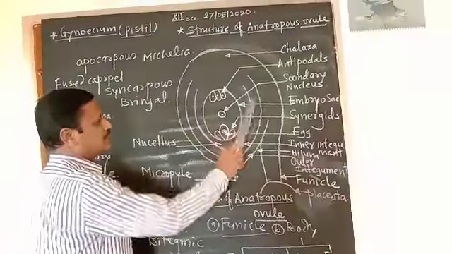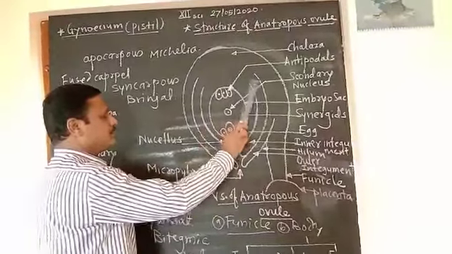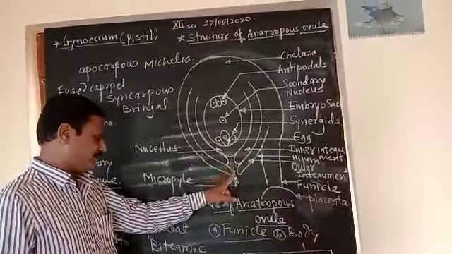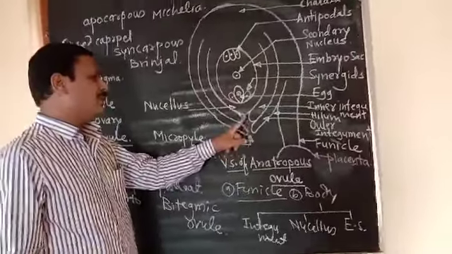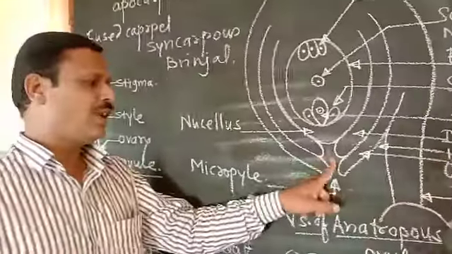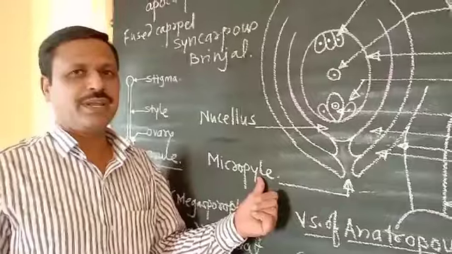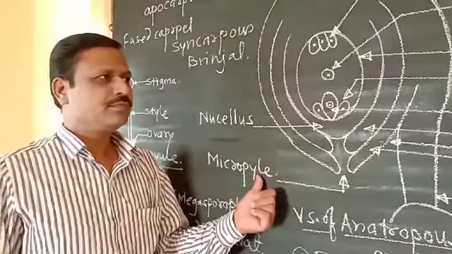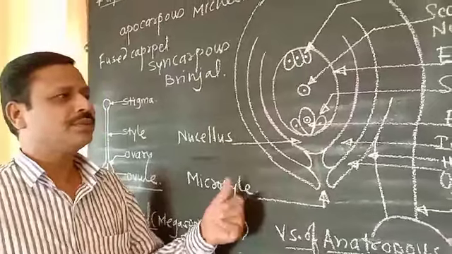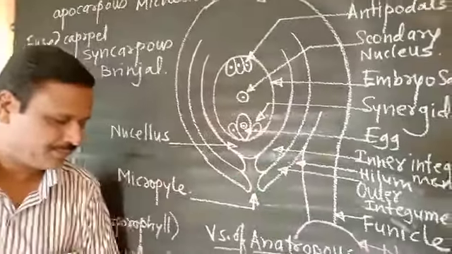Integuments surround the ovule, leaving a small opening towards the apex region called the micropyle. This is the explanation of integument.